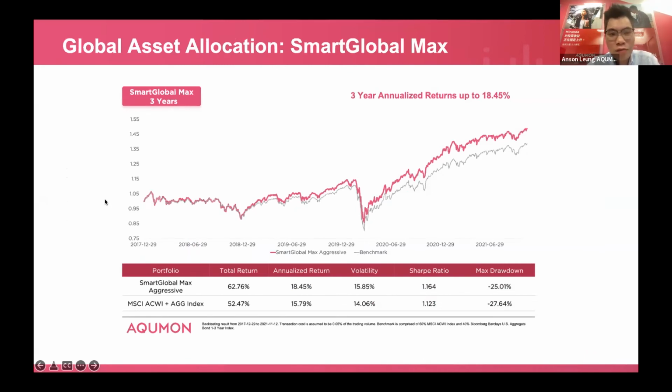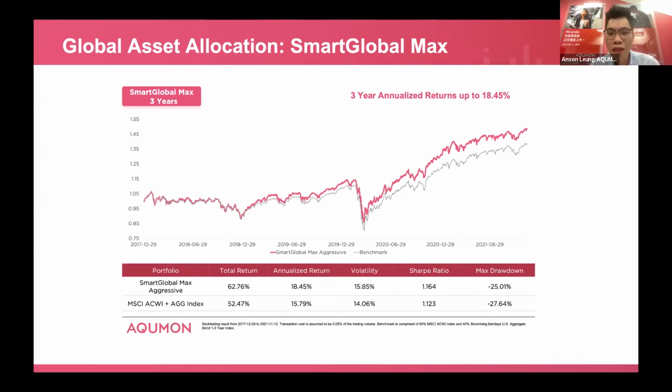So moving next to the global asset allocation strategies, we would like to give you a review of our Smart Global Max portfolio. It's actually our flagship portfolio launched in 2017. So you can see that it has quite stable performance in the past 3 years. From 2017 up until now, it has an annualized return of 18%.